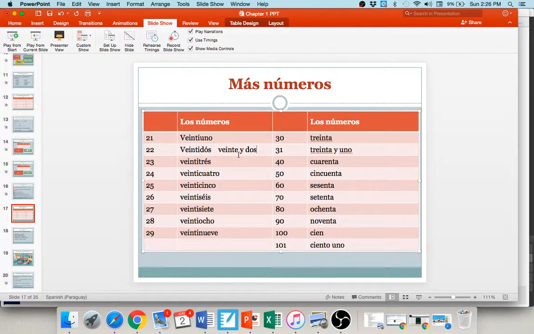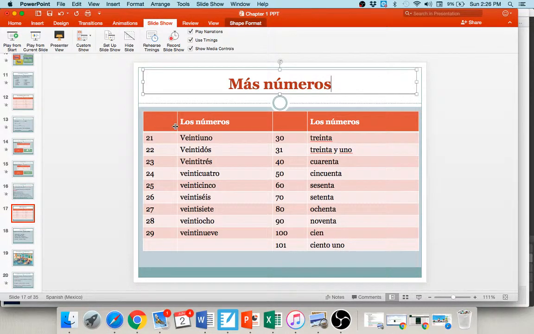It's whichever one floats your boat. I like it written out in multiple words, but this textbook puts it in one, and that's perfectly fine as well. 23, veintitrés, or veinte y tres. So 20, 21, 22, 23, 24, 25. You can go on and on and on. Now that you know this trick with the little y, you can really write any number that you want in Spanish.